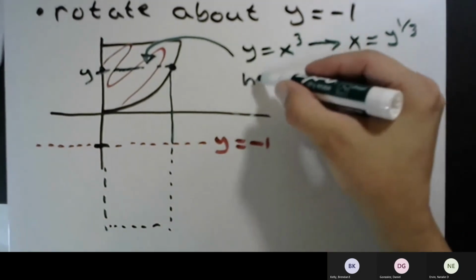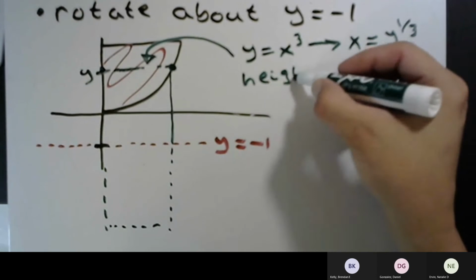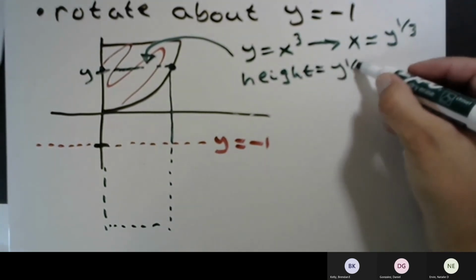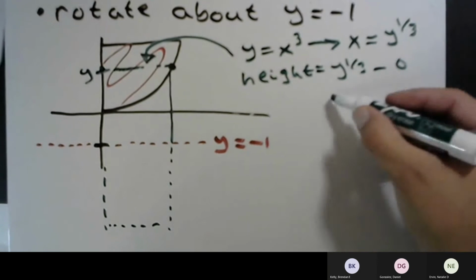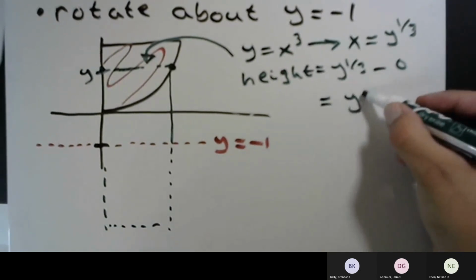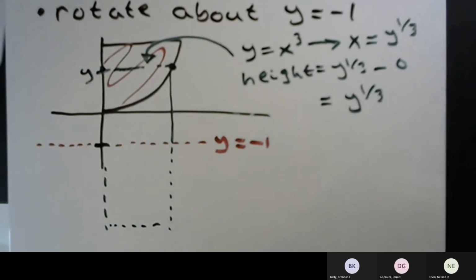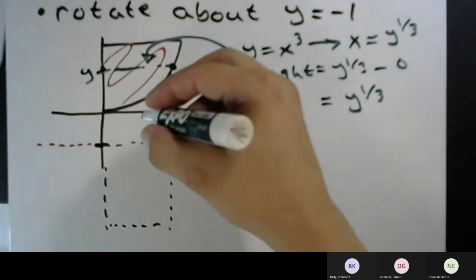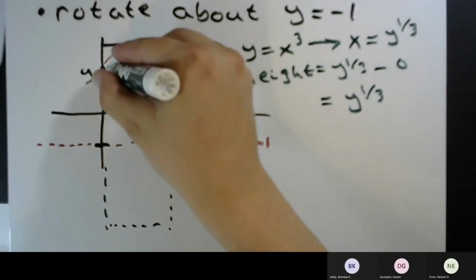So the height will be y to the 1/3 minus 0, or y to the 1/3. So that's the height.